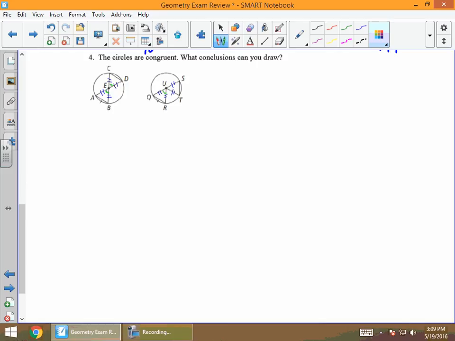So really, what things do I know for sure? I know this. In the left circle, triangle AEB is congruent to triangle DEC.